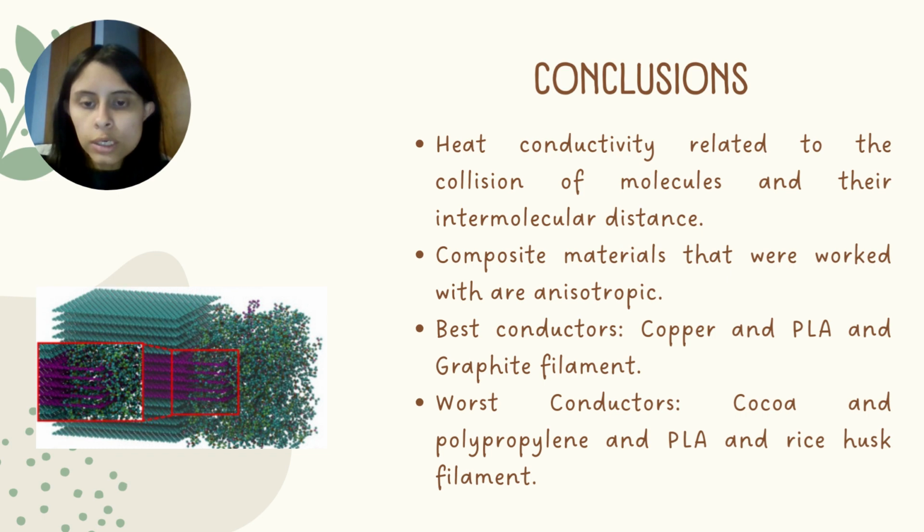It was demonstrated how the composite materials used were anisotropic. This means that their conductivity will not behave the same way in the direction that is being analyzed. Finally, it was described how the best conductors were the copper and graphite filaments, and the insulating ones were the cocoa and rice husk filaments.